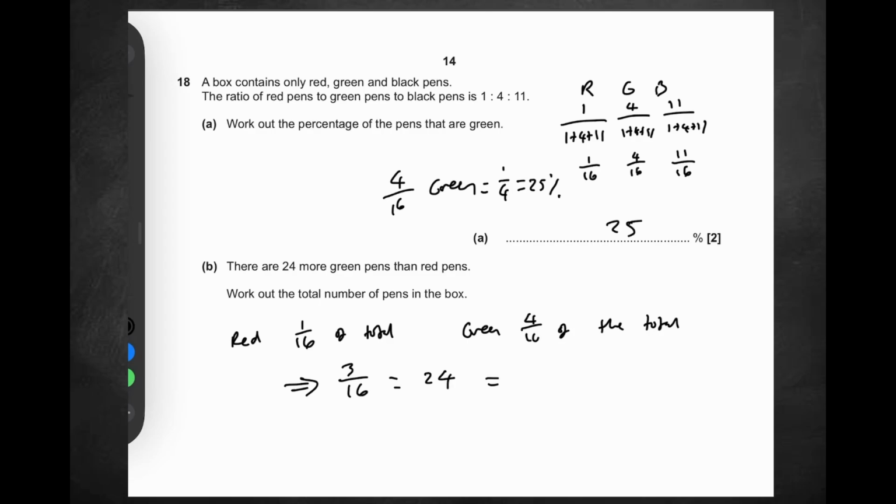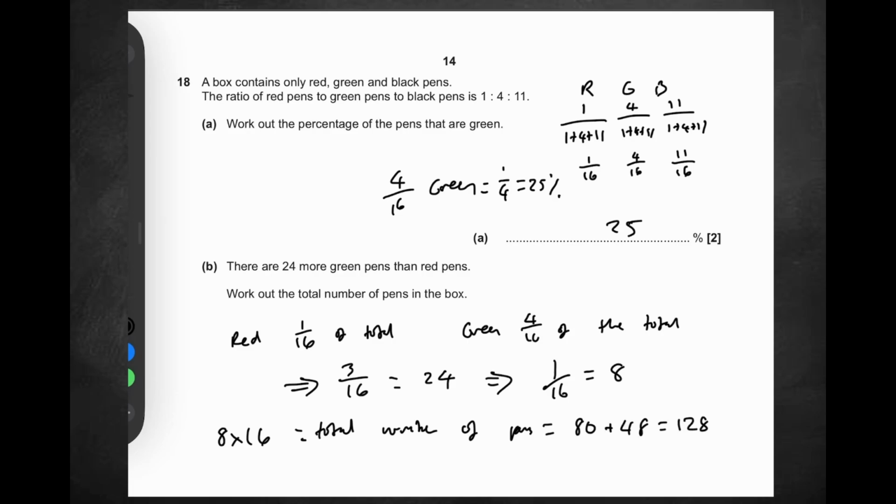So that would mean 1 out of 16 is 8, because all we've done is divide both sides by 3. Therefore, we know that there are 8 red pens. So 8 times 16 is the total number of pens, which is 8 times 10 plus 8 times 6, so 80 plus 48 is 128.